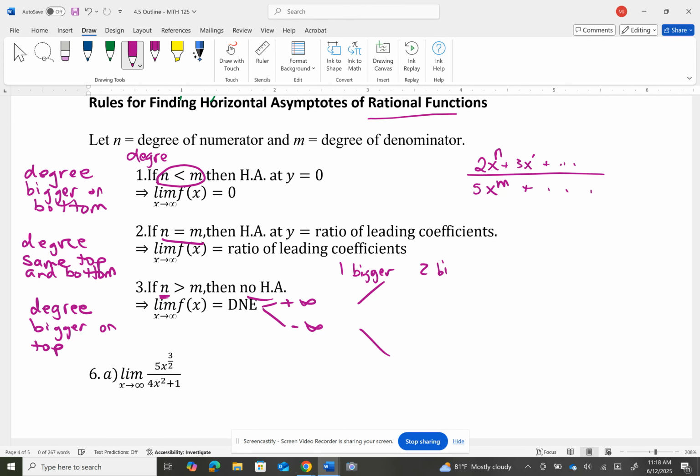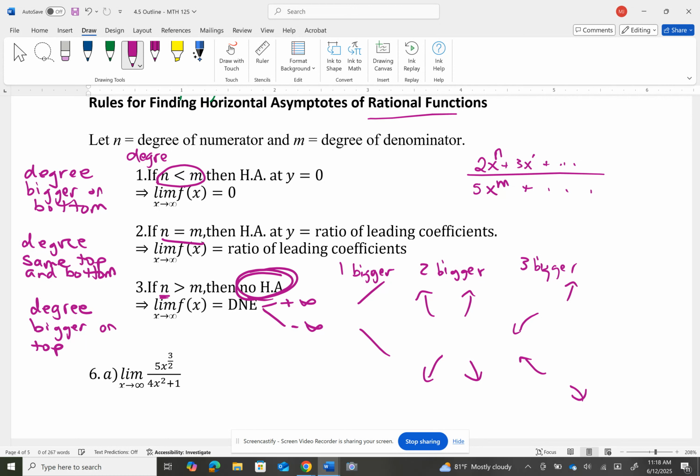If the degree is 2 bigger on top, then your function's going to approach a parabola that might look like that, or it might look like that. But in the long run, it's going to approach that. If it's 3 bigger, you don't have a horizontal asymptote. Your graph is going to approach a cubic function one way or the other. The main thing is it won't have any horizontal asymptotes.